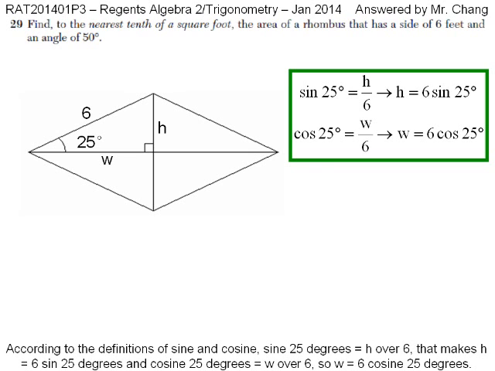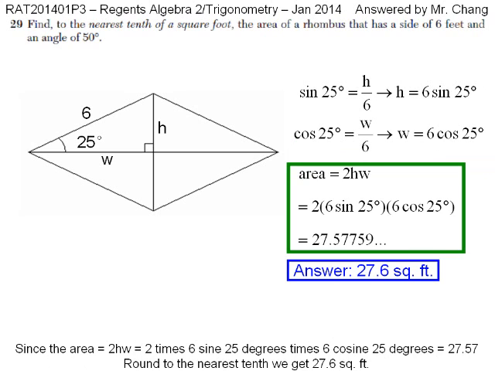And cosine 25 degrees equals w over 6, so w equals 6 cosine 25 degrees. Since the area equals 2hw, which is 2 times 6 sine 25 degrees times 6 cosine 25 degrees, equal to 27.57. Rounding to the nearest tenth, we get 27.6 square feet.